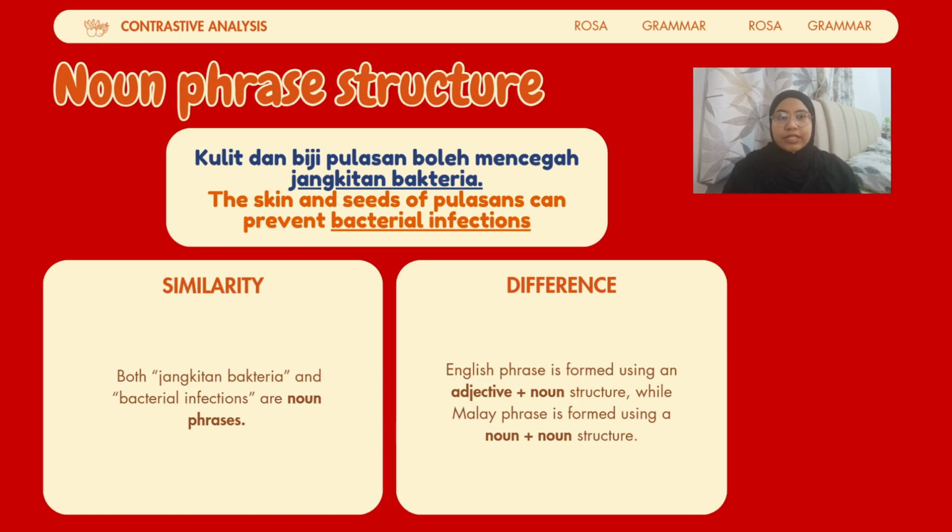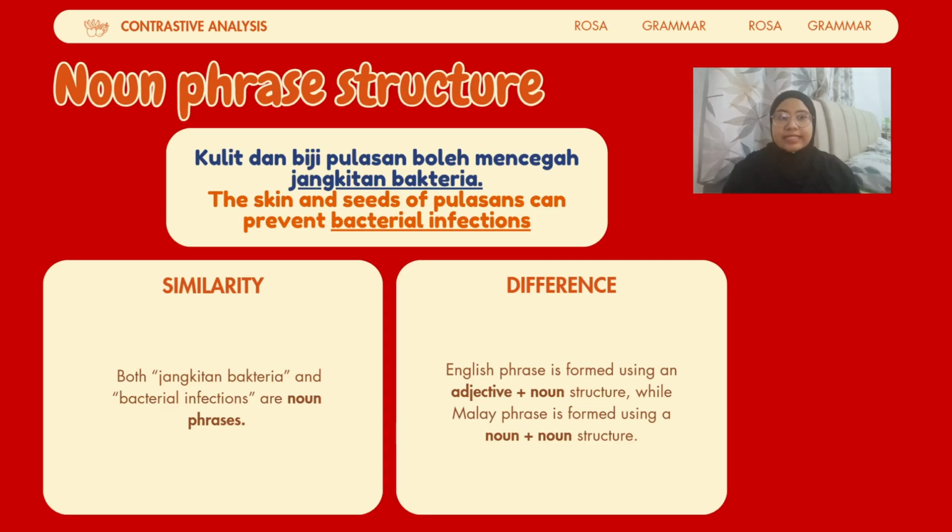In English, bacterial infections follows an adjective plus noun structure where bacterial acts as an adjective that describes and modifies the noun infections. This structure places descriptive information before the main noun, which is a common pattern in English noun phrases. In contrast, Malay uses a noun plus noun structure in jangkitan bacteria. Here, jangkitan is the head noun and bacteria follows it to specify the type or source of the infection.